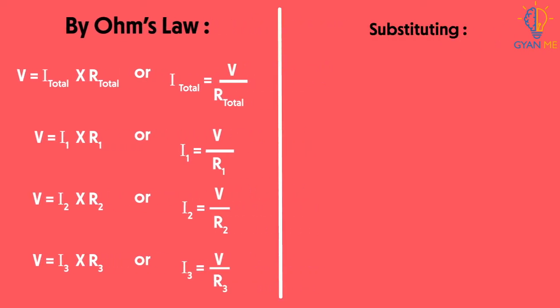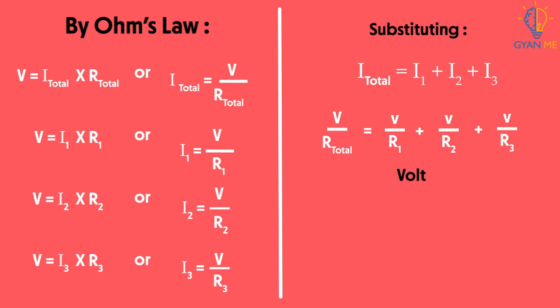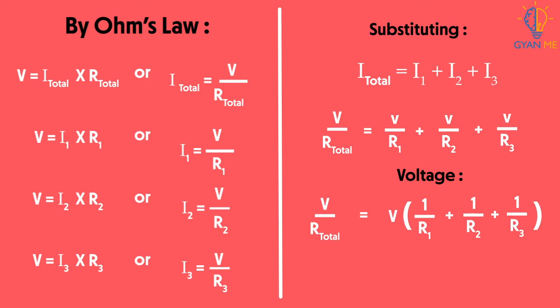Substituting these in the equation, we get V upon R total is equal to V upon R1 plus V upon R2 plus V upon R3. Since the voltage through the circuit is constant, V upon R total is equal to V common into 1 upon R1 plus 1 upon R2 plus 1 upon R3. Now by cancelling V on both sides, we get 1 upon R total is equal to 1 upon R1 plus 1 upon R2 plus 1 upon R3.